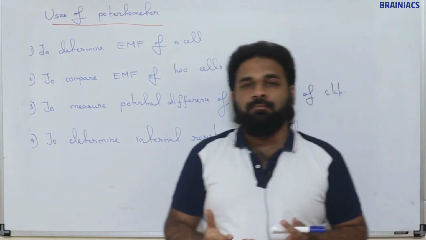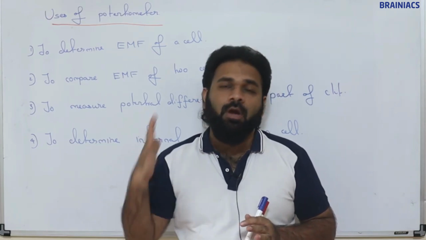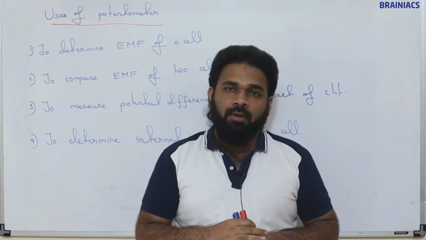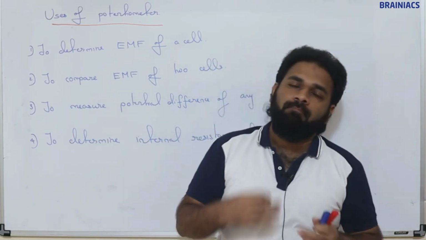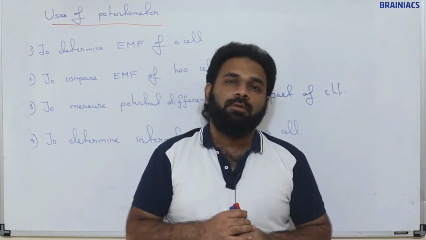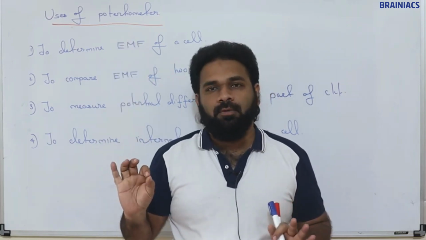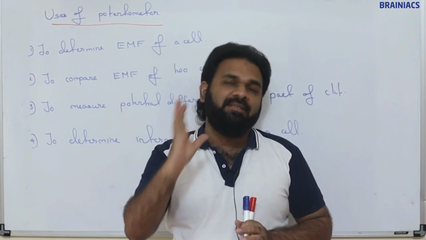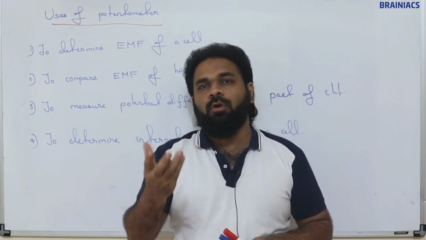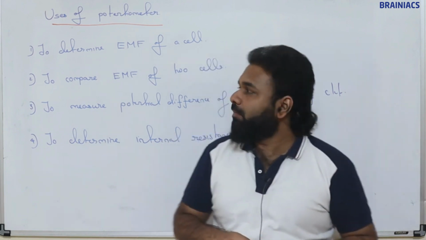If we get a cell and we do not know its internal resistance, we can find it using potentiometer. The methodology or the concept to find all these is the same. Small extensions will be there, small extra circuitry will come, so we can solve this.